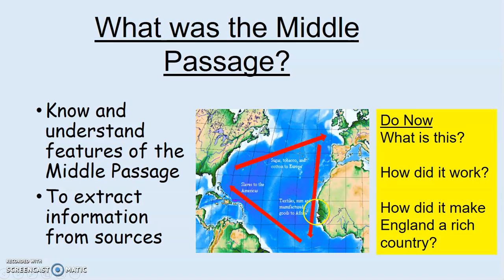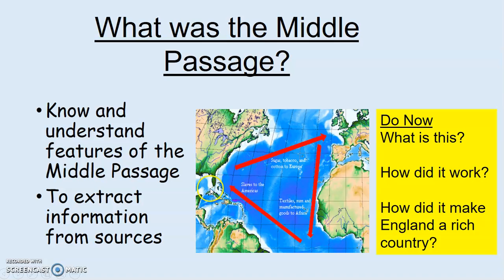At this point, British sailors and merchants would buy captured people from the western states of Africa, and they would put them onto ships and they would be transported to British colonies here in the Americas, in the Caribbean, and some would be sold on to what became the United States of America.